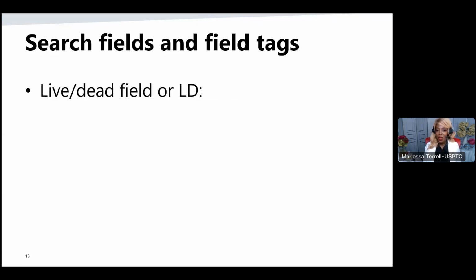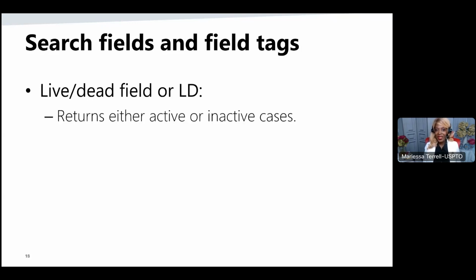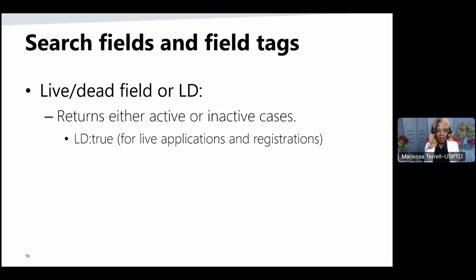If you want to narrow your search to show only live marks or dead marks, consider using the LD field tag. Now, when you use the LD field tag, you can find either active or inactive cases. Let me show you how that would look in a search strategy.